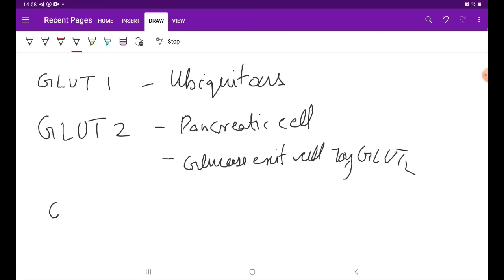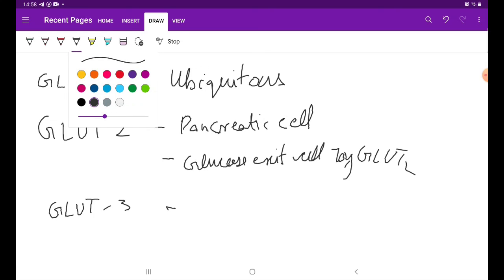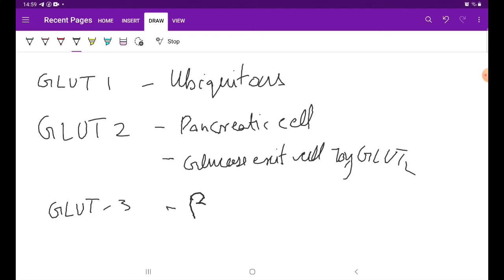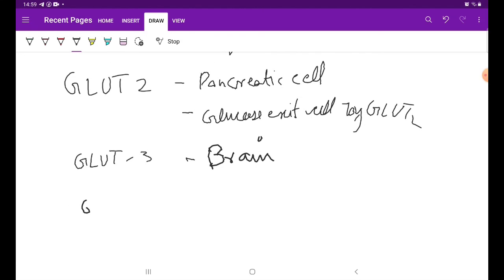Then comes GLUT3, which is also present in the brain. Then comes GLUT4.